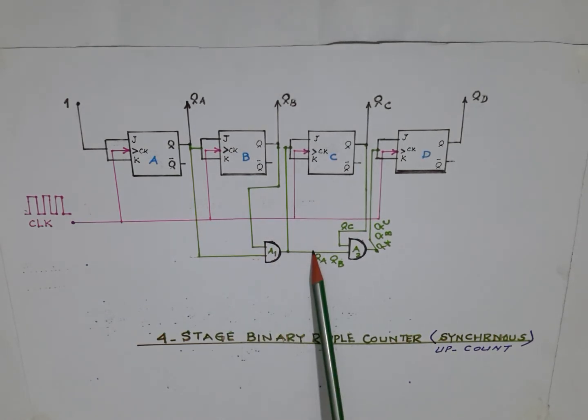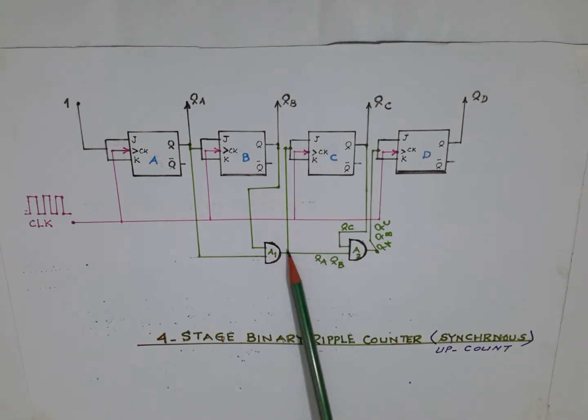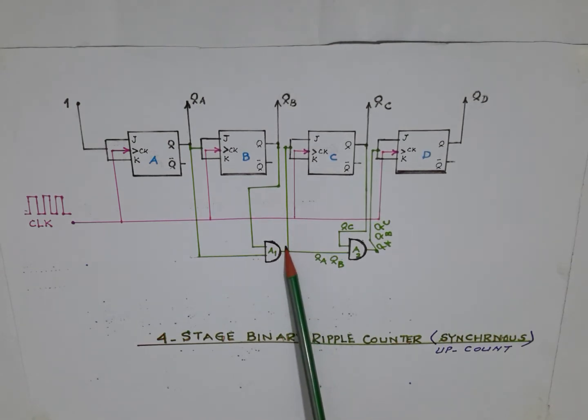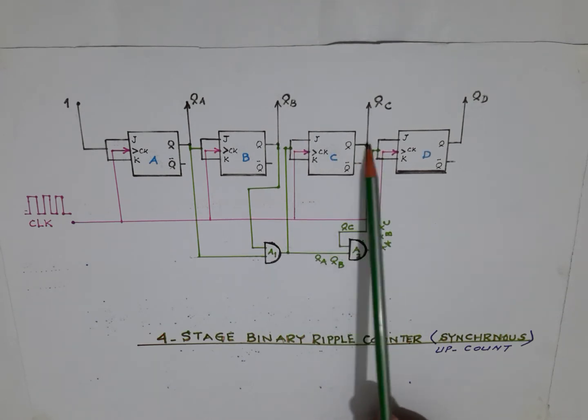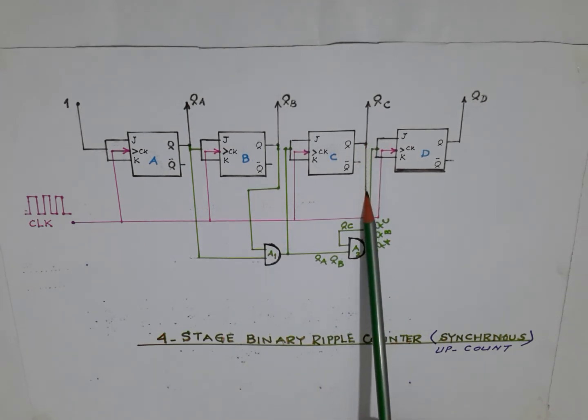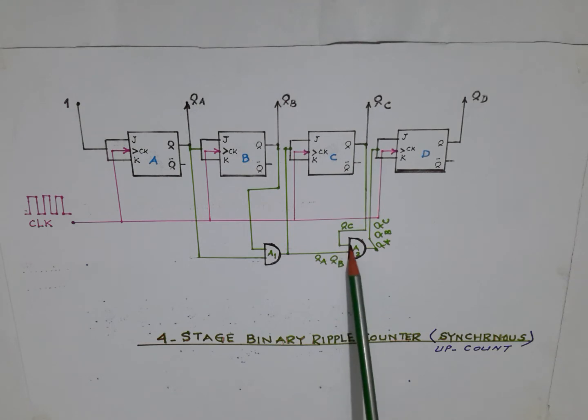Here QA is 1, B is 1 on the 4th pulse. When the 4th pulse falls, C is going to toggle and the output will rise from 0 to 1. This one is also coming to AND gate 2.